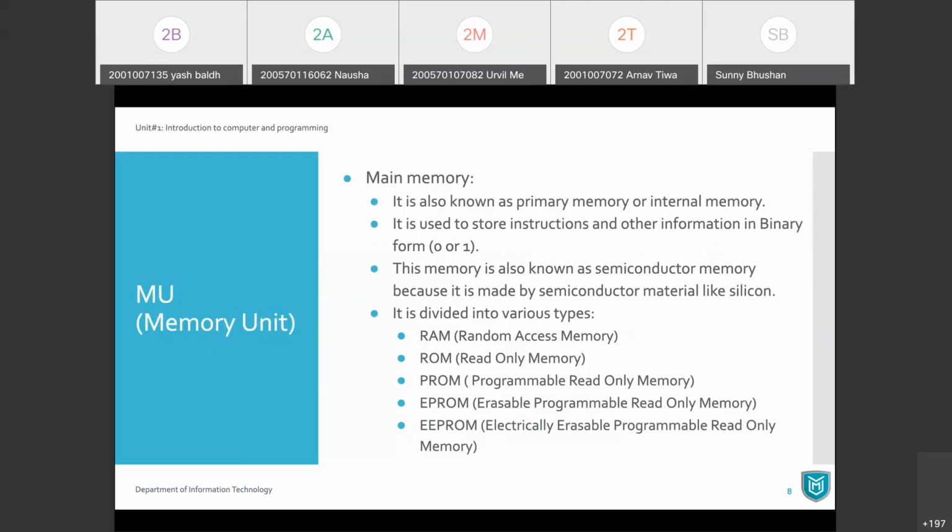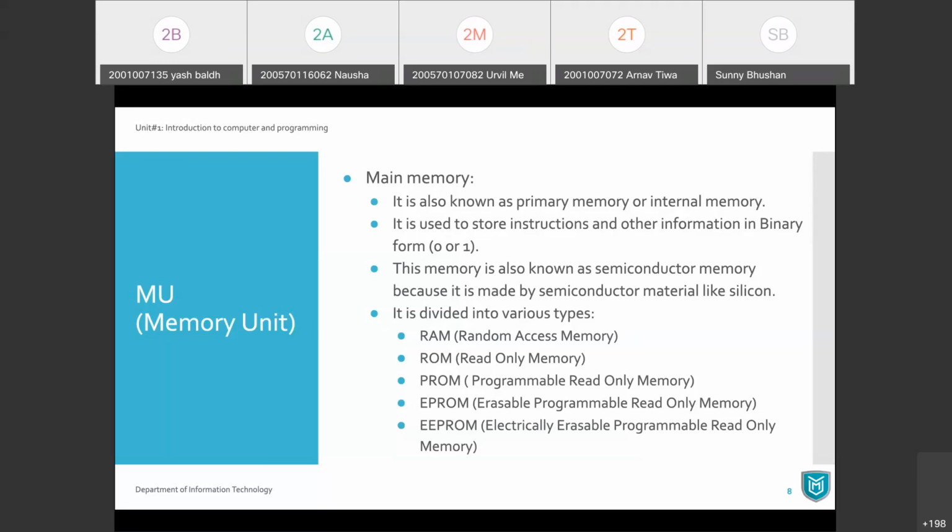Random access memory, read-only memory, programmable read-only memory, erasable or electrically erasable programmable read-only memory. All these are part of main memory, which is part of the memory unit. This is volatile memory. Once you shut down your computer, all these things are wiped out.